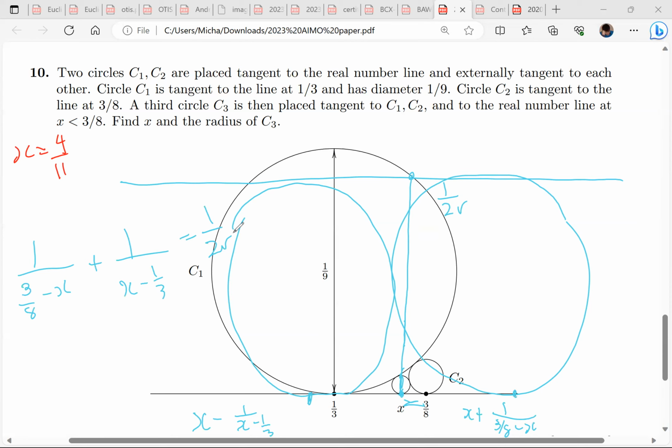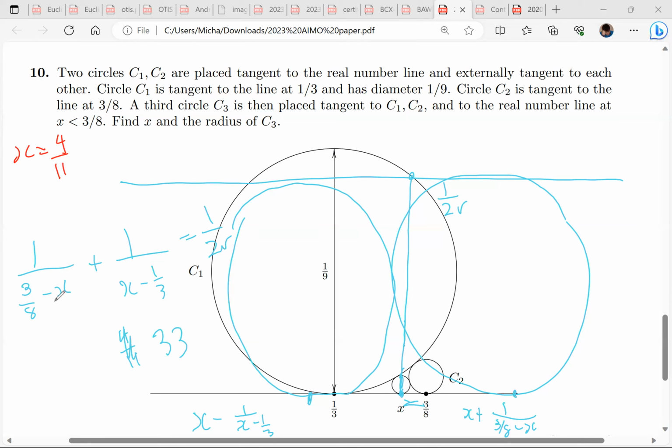Let's see if this works. What's 4 on 11 minus a third? 1 on 33, yeah, smart boy. And then 3/8 minus x is 1 on 88.